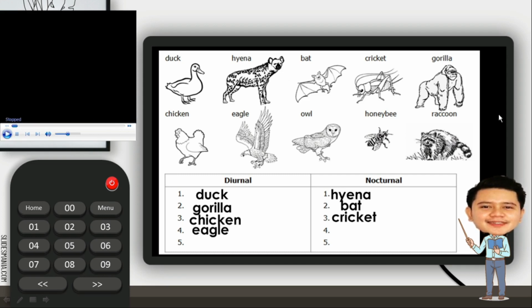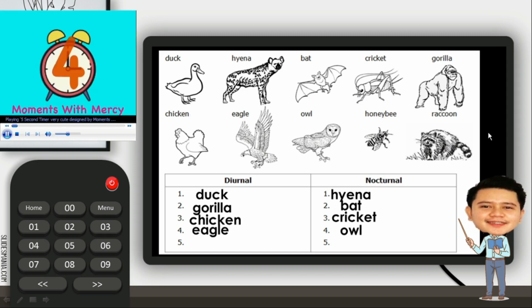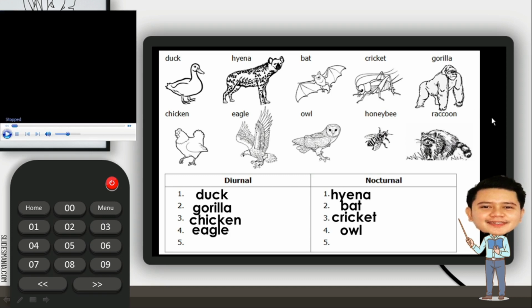The correct answer is nocturnal. Alright. Next, honeybee. Diurnal or nocturnal? 5 seconds. Alright, the correct answer is diurnal. Alright, next, the last one, we have the raccoon.